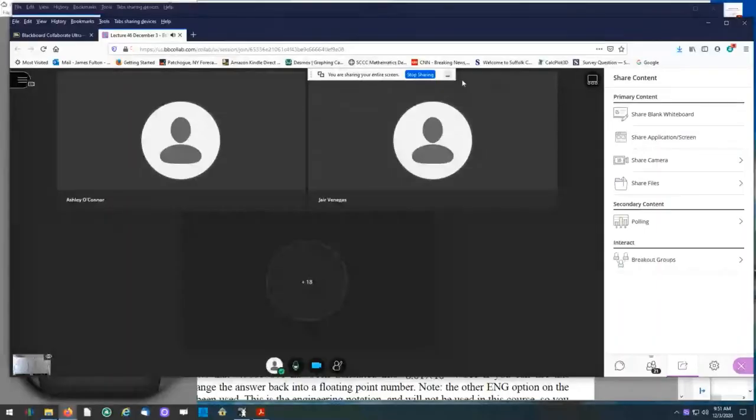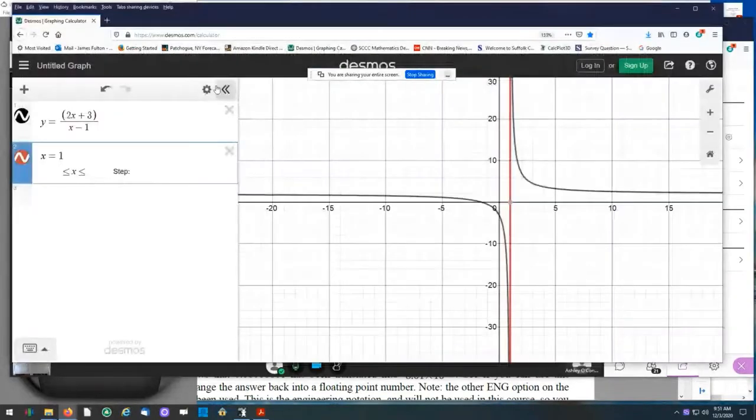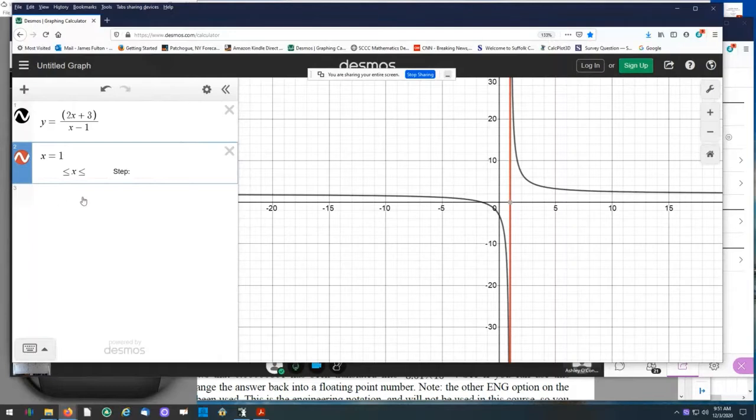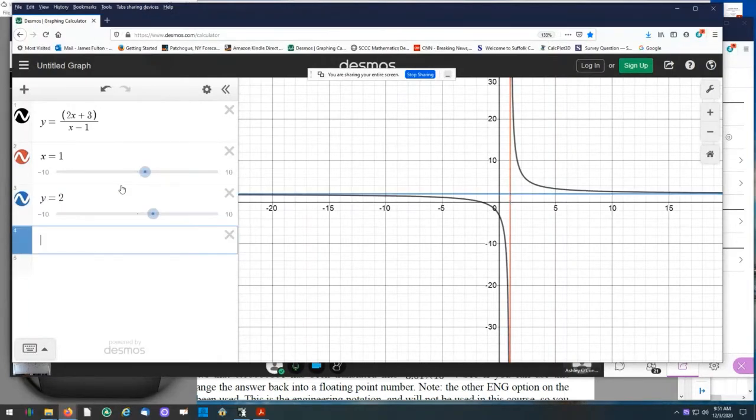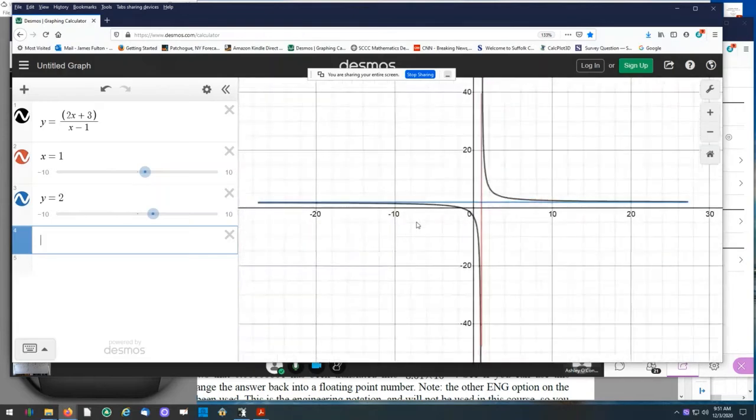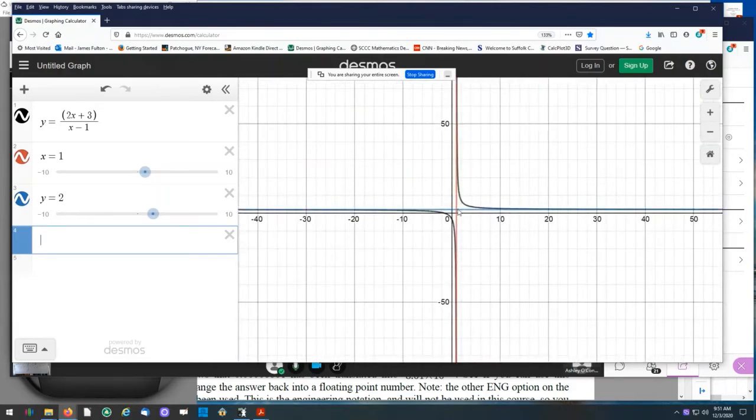There's always shortcuts, but first we wanted to give you the picture. Okay, so now let's put the other value in over here, y equal to 2. And you can see as I zoom out here, that blue line is getting closer on both sides to the black graph of our function.